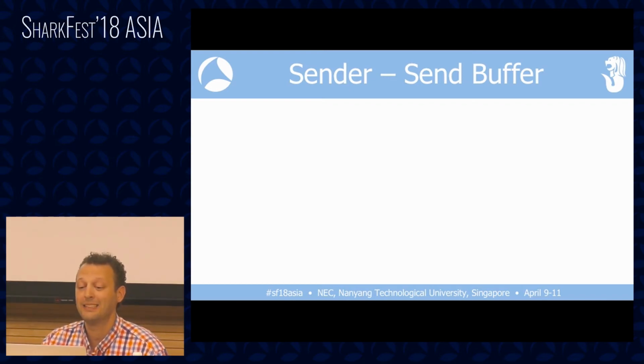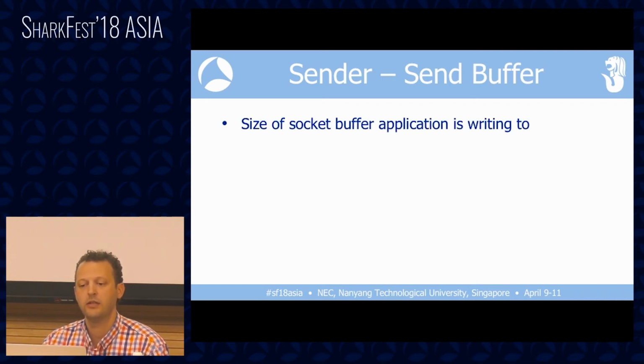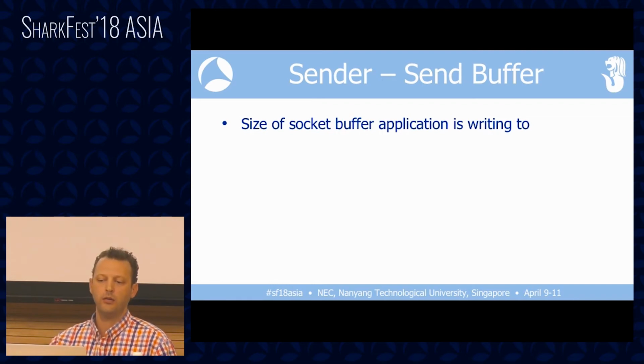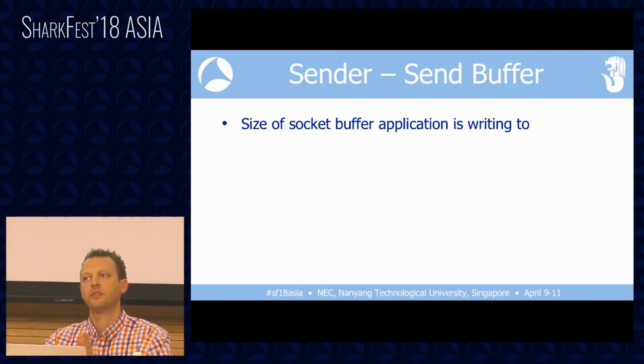Okay, next factor. What we just talked about was the congestion window. The next factor is the send buffer. We've already talked about the receive buffer. We ask the operating system for a socket. We ask for a buffer to receive data into, but we're also allocating a buffer to send data to the other side.